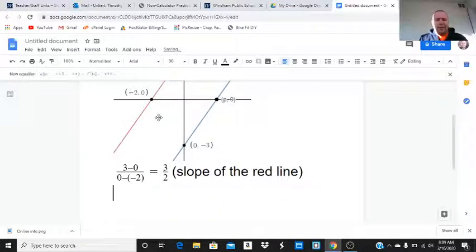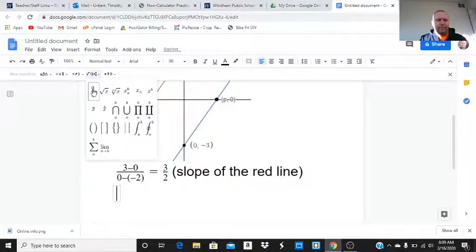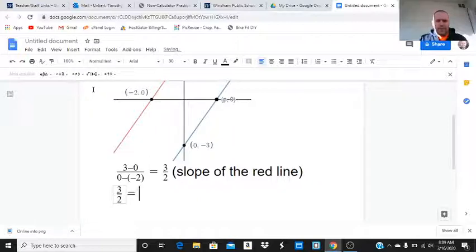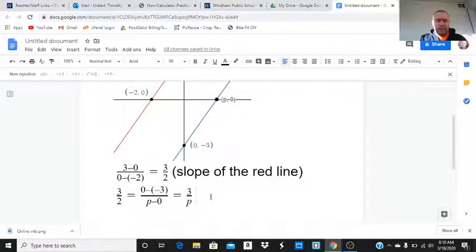Now we set that equal to the slope of the blue line. 3/2 equals the y coordinate 0 minus negative 3, over the x coordinate p minus 0. 0 minus negative 3 is positive 3, and p minus 0 is just p. So 3/2 equals 3 over p, which gives p equals 2.